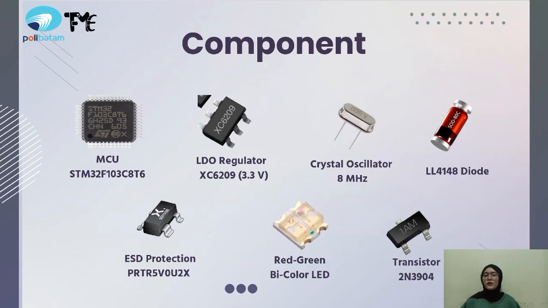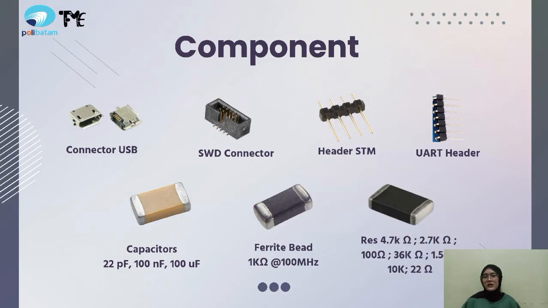Next is the 2N3904 transistor, used as an electronic switch to control part of the circuit. Next, the USB connector. It is used for power, programming, and debugging. Next is the SWD connector. It connects the ST-Link programmer to the STM32 microcontroller.